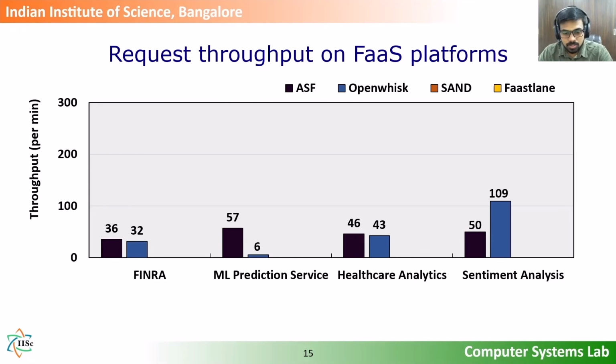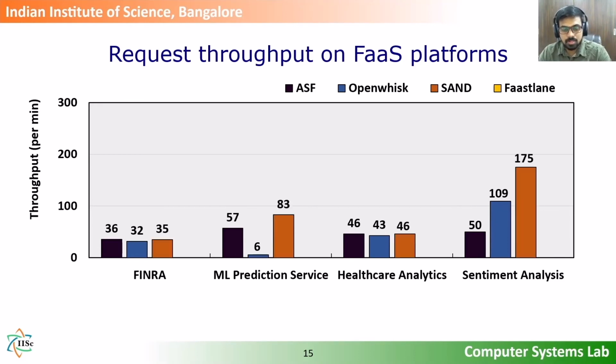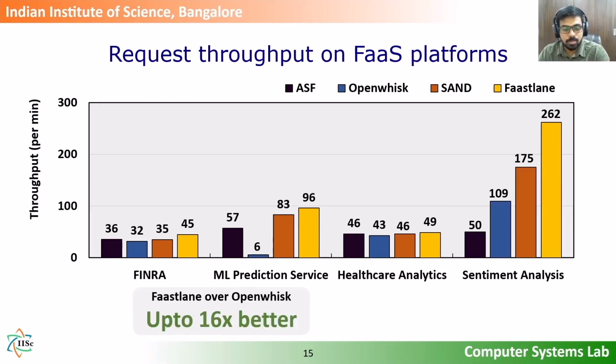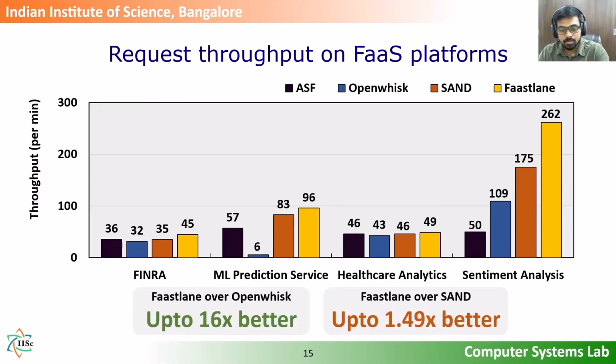This is because the size of the state transferred between functions is high, and the workflow uses AWS S3 to transfer state. Comparatively, SAND performs better, providing higher throughput in most cases. Faastlane beats the rest of the competition in all the workflows. Overall, Faastlane has up to 16 times higher throughput compared to OpenWhisk and is up to 49% better than its closest competitor, which is SAND.